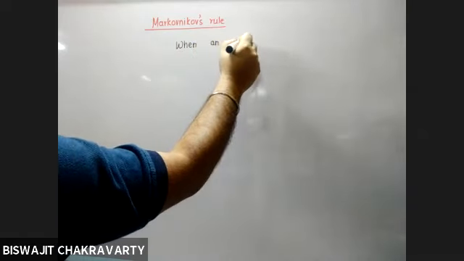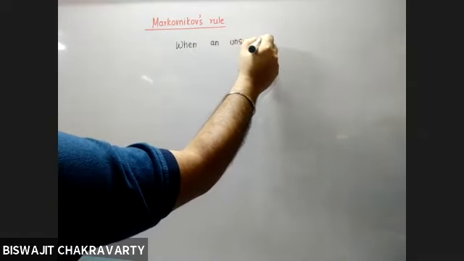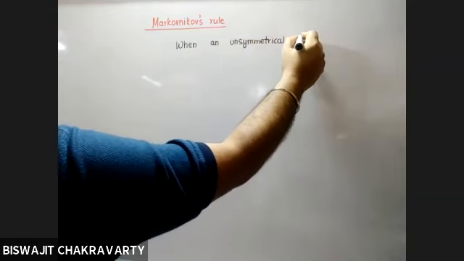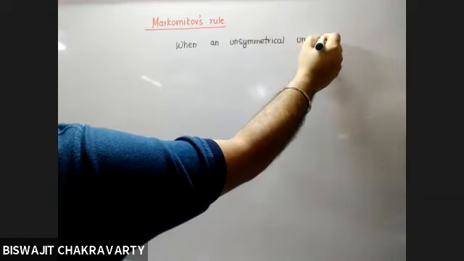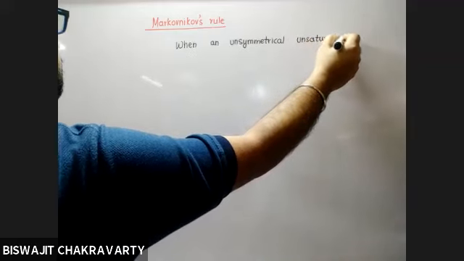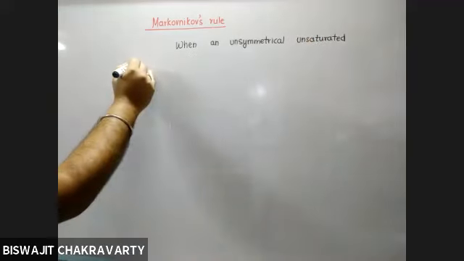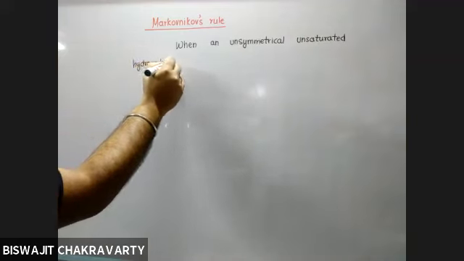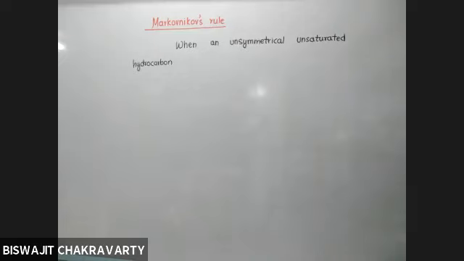When an unsymmetrical unsaturated hydrocarbon, who comes under unsaturated hydrocarbons? Alkenes and alkynes. Very good.